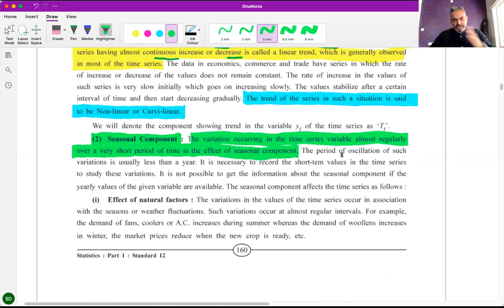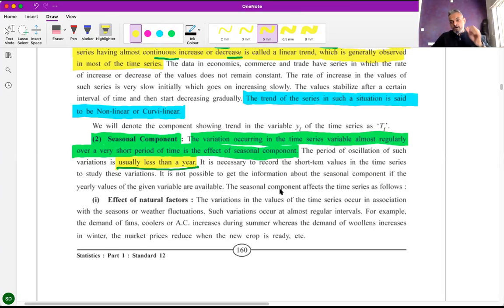The period of oscillation of such variation, like a pendulum which oscillates, is usually less than a year. It is necessary to record short-term values in the time series to study these variations. It is not possible to get information about the seasonal component if only yearly values of the given variable are available.